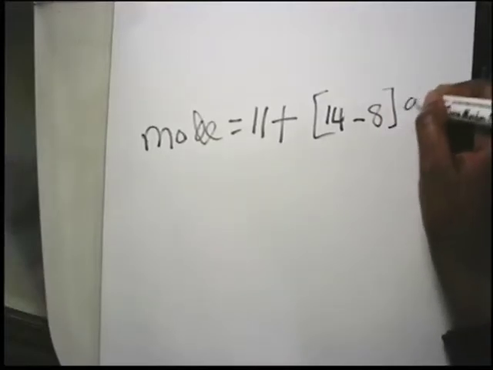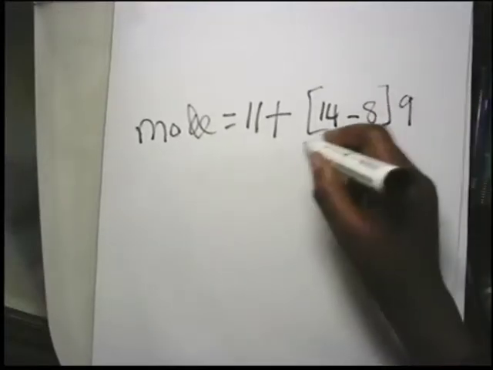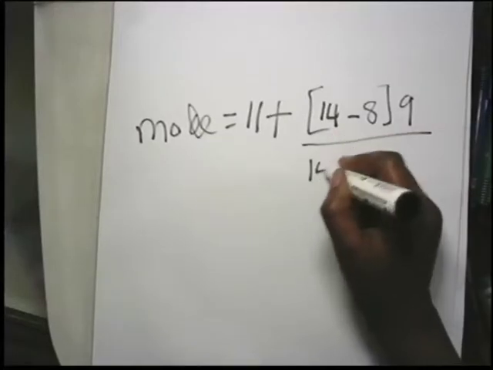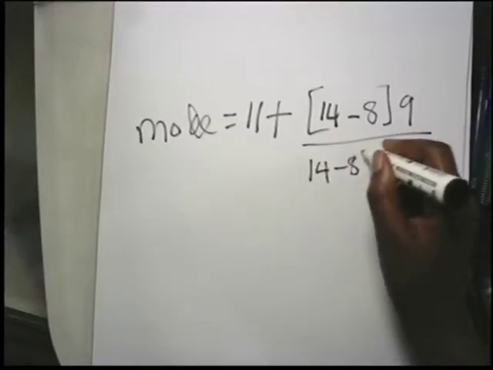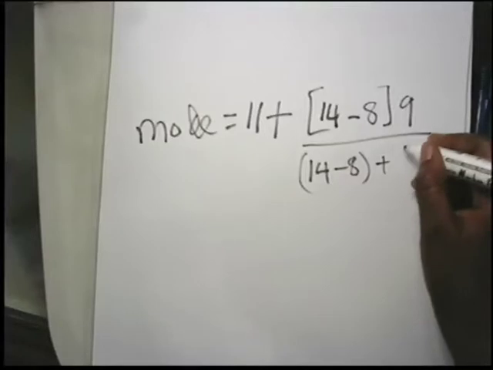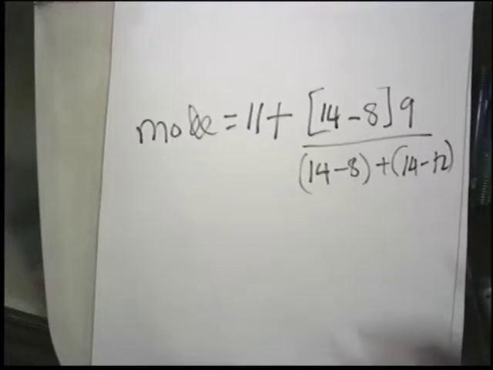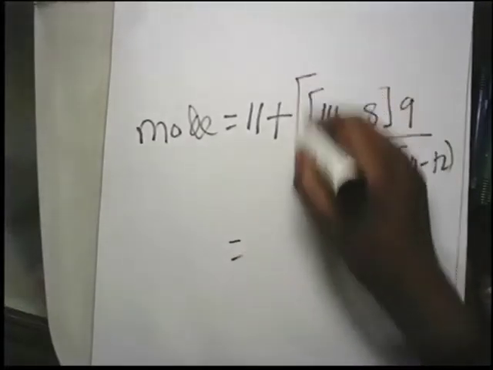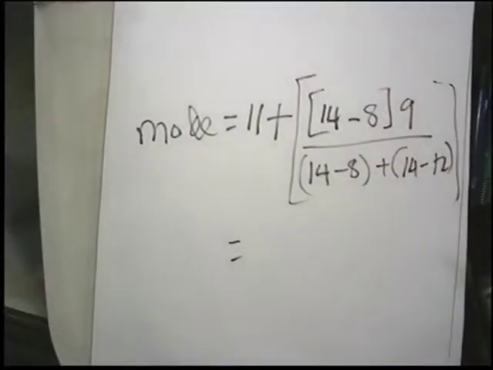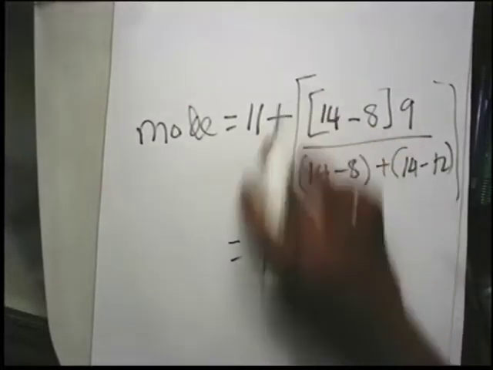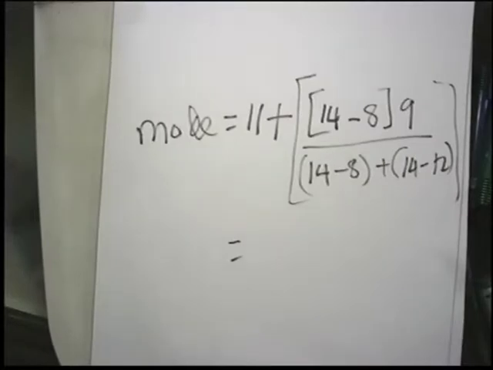Then you multiply it with the class width. We divide it by the frequency of the modal class minus the frequency above plus the frequency of the modal class minus the frequency of the class below. And if you work that out, remember first you have to work out all that, and then the answer that you are going to get, you add it to 11, and that will give you the correct answer.